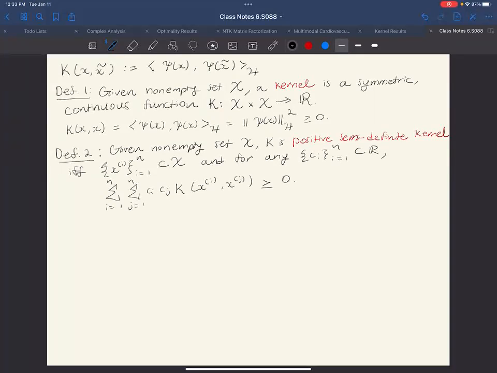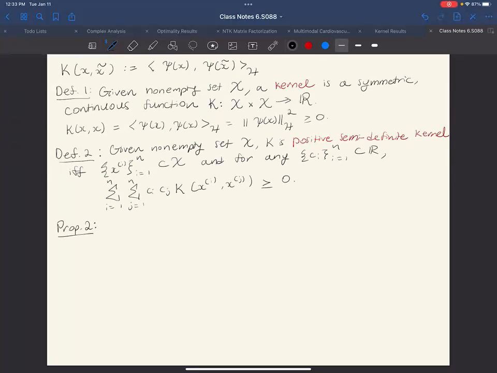And this is a tricky condition to verify. One thing that we're going to prove, and I'm going to give this as an exercise, but maybe I can give some hints on how to do it here, is written as proposition 2 in the lecture notes.